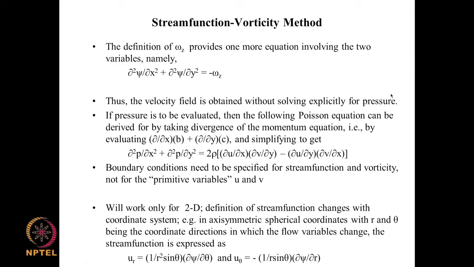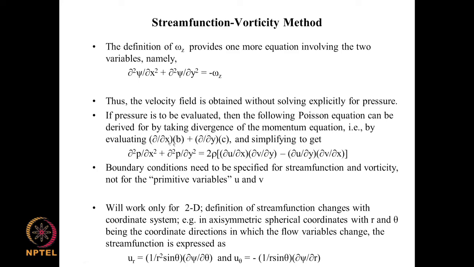If we want to know pressure, then after solving for u and v, we can solve a Poisson equation for pressure, which is obtained by taking the divergence of the momentum equation. Earlier we took the curl to eliminate pressure, and to derive an equation for pressure we take the divergence of the momentum equation.